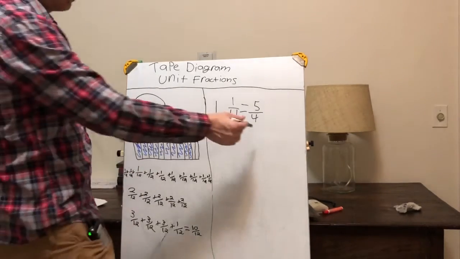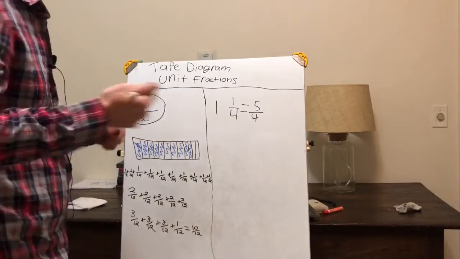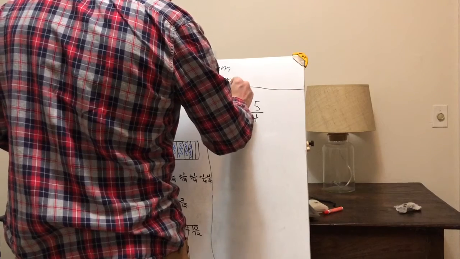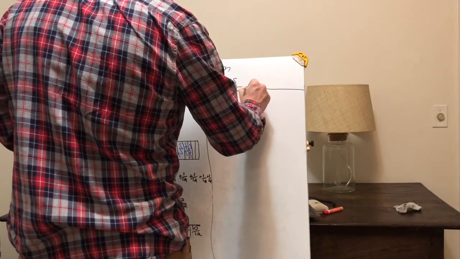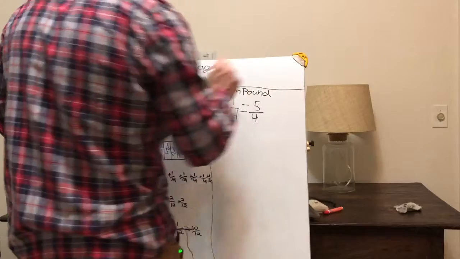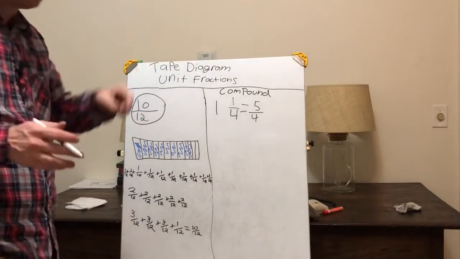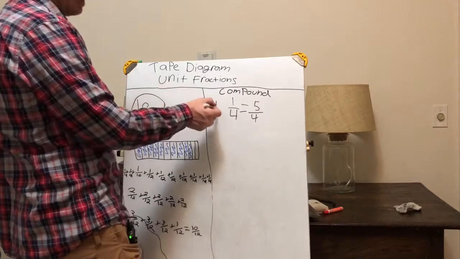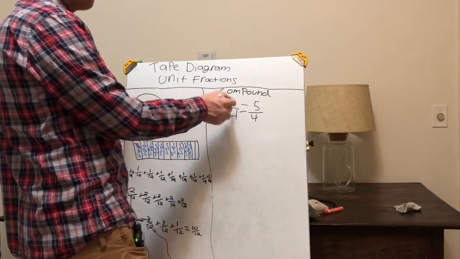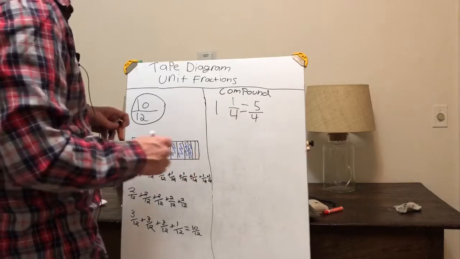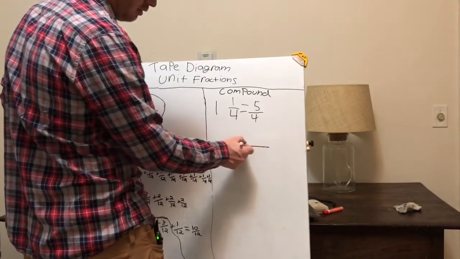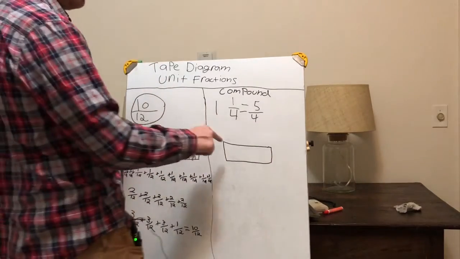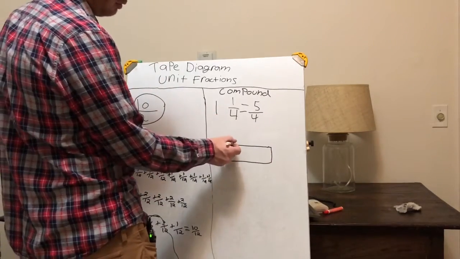Now let's move on to our compound fraction. So a compound fraction, I'll write it up on top. Compound. That's a fraction where our numerator is more than our denominator, or we have more than just the fraction. So in our example here, we have 4 total.